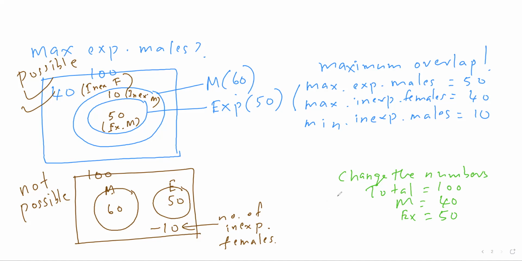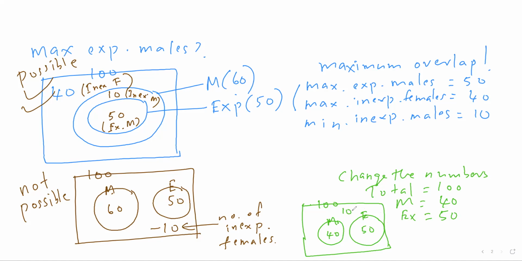Okay, but in this case, that no overlap is a possibility. Because the total is 100, males is 40, experienced is 50, and this is 10.